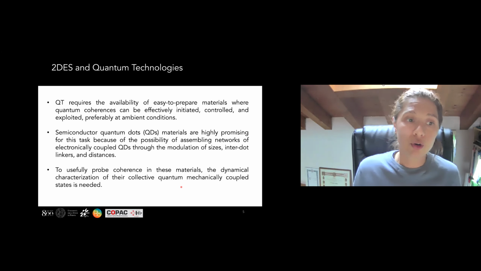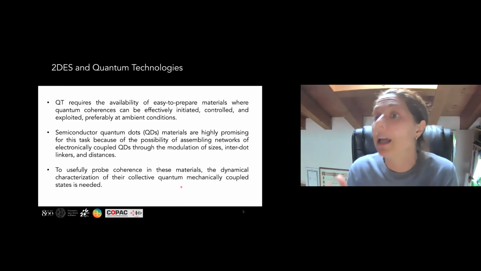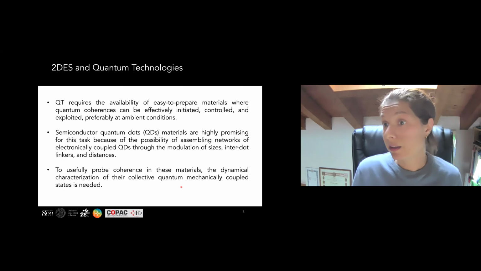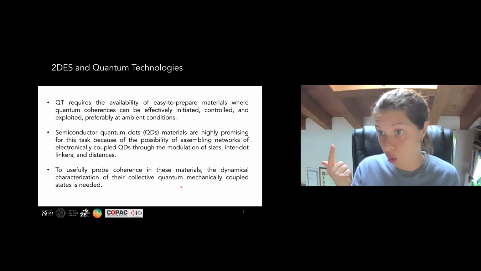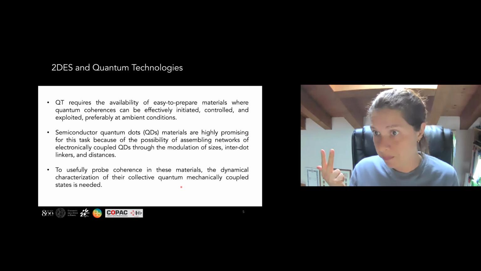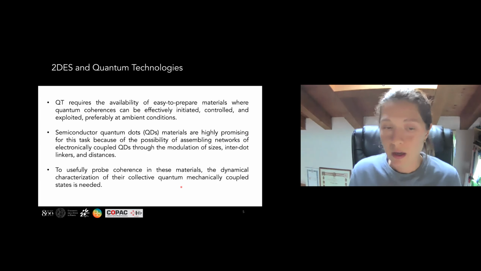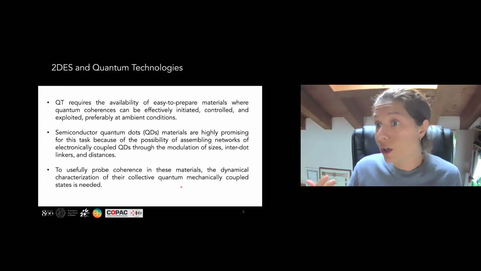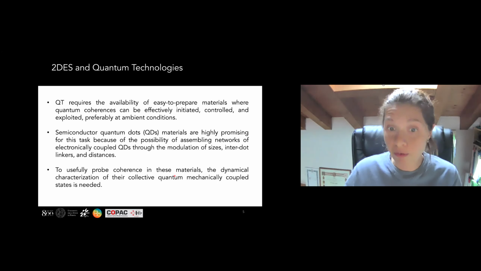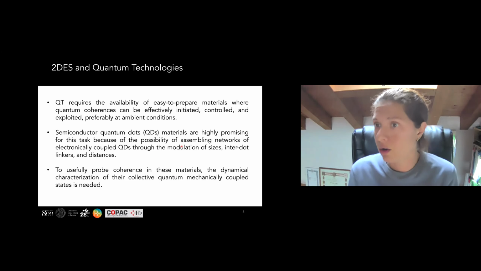Now, in order for quantum technology to become real, we need to prepare materials where quantum mechanics and quantum coherences can be initiated, controlled, and exploited, preferentially at room temperature and in ambient conditions. Toward this aim, we need a big effort in material science because we need to design and prepare materials capable of sustaining coherence.